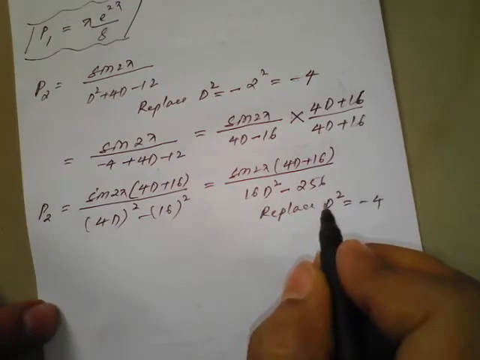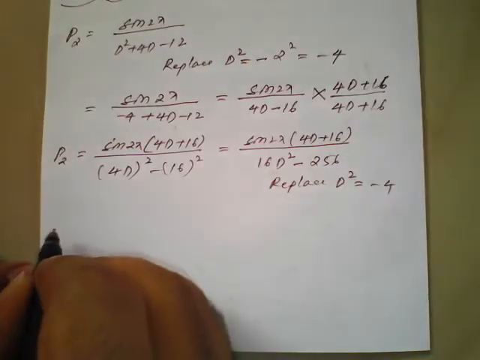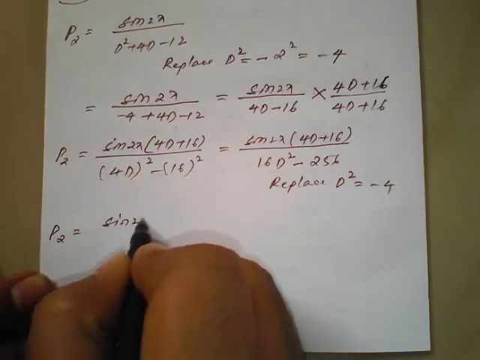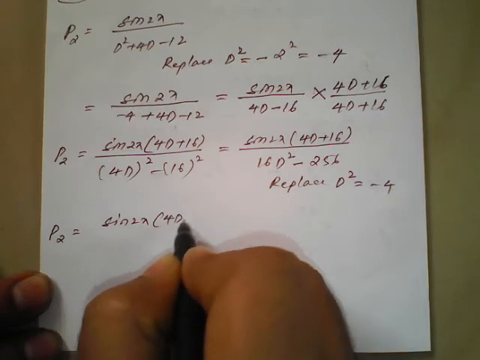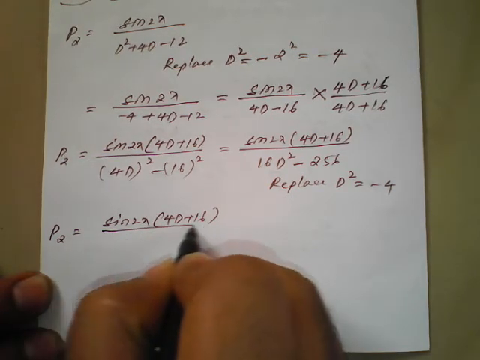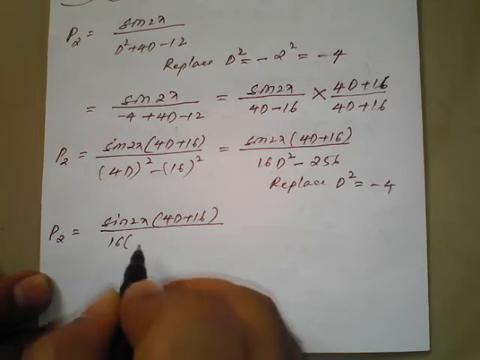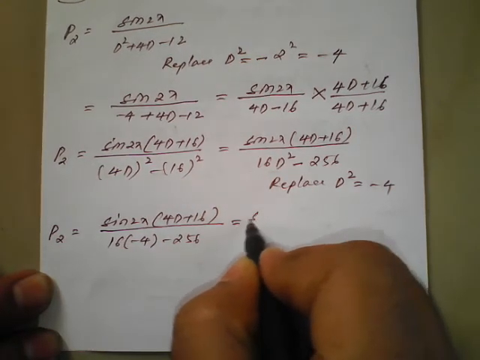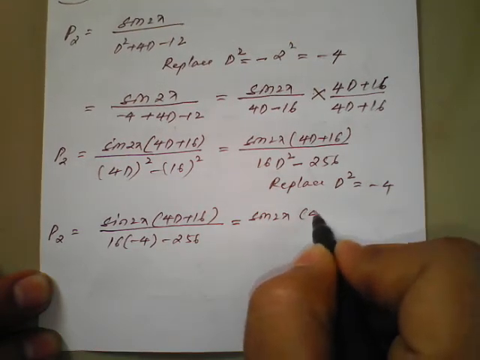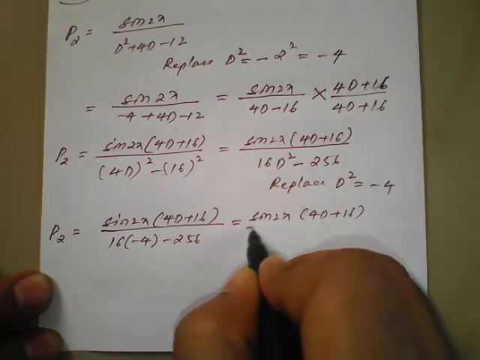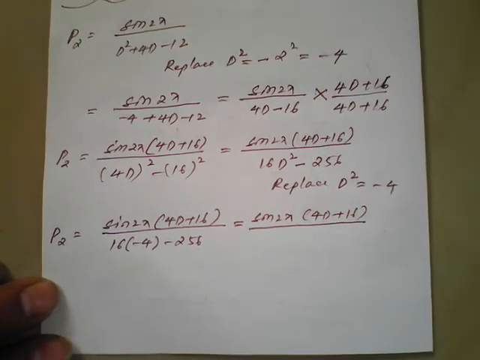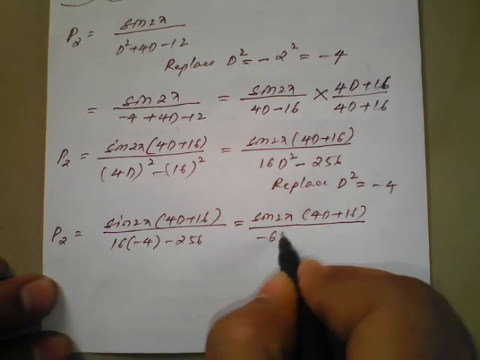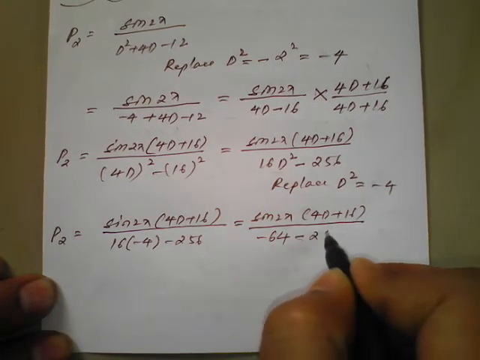So what we'll get here for P2, so P2 will become what here, sine of 2x as it is, 4d plus 16 divided by 16 into minus 4 minus 256, which is equal to sine of 2x into 4d plus 16 divided by, so 16 into minus 4 will become how much here, minus 64 minus 256.